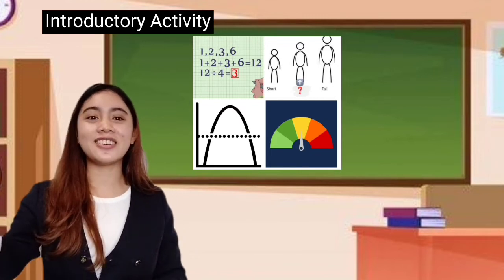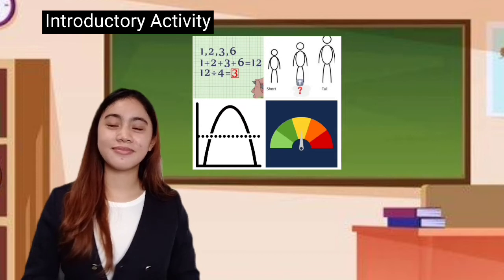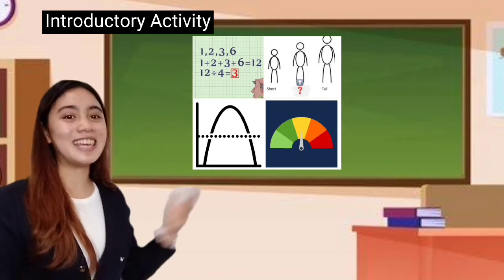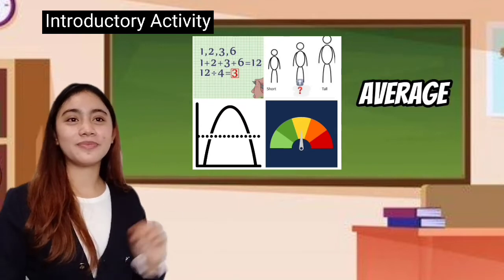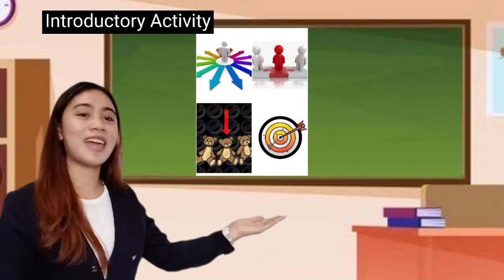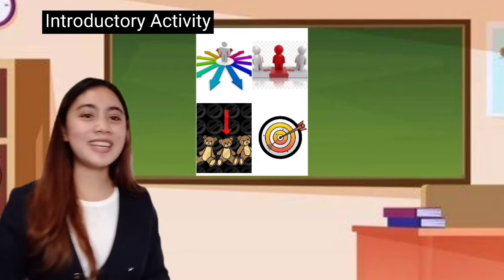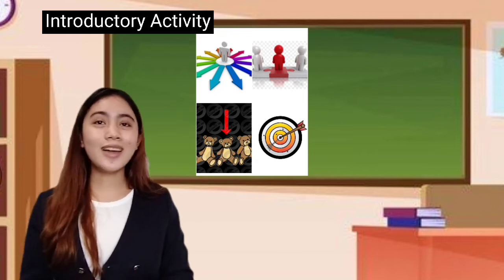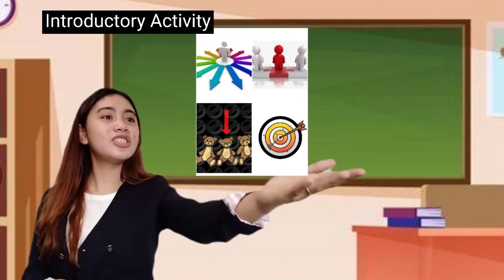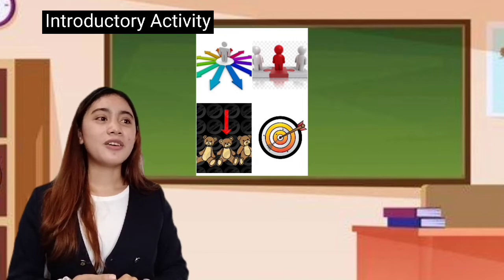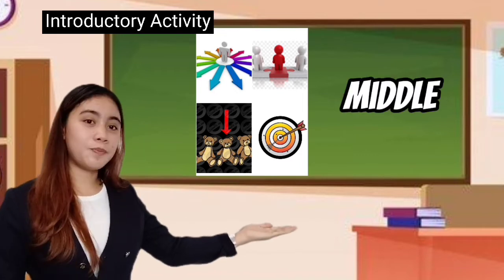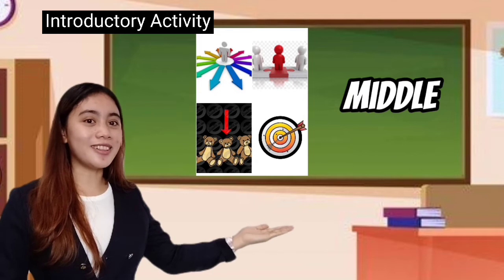Who can guess the answer? Yes, Jason? Very good. It is average. For the third picture, we have 5, 4, 3, 2, 1. Time's up. Yes, Junilisa? Very good. The third picture is middle.